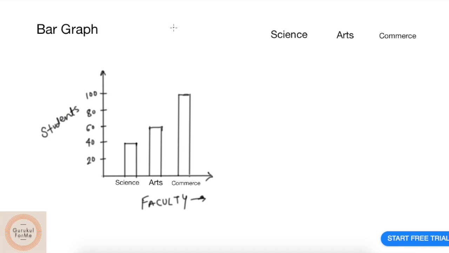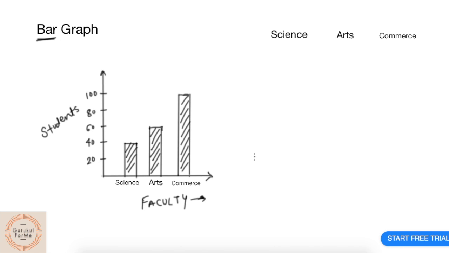So let us understand what is a bar graph. What we see in this graph, the shaded region, are nothing but bars, as the word speaks for itself. Now let's take an example of what is a bar graph, why is it required.